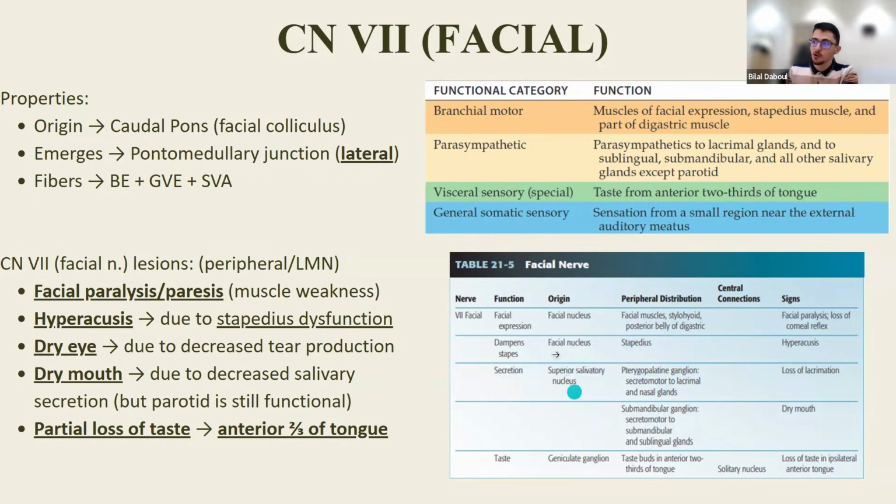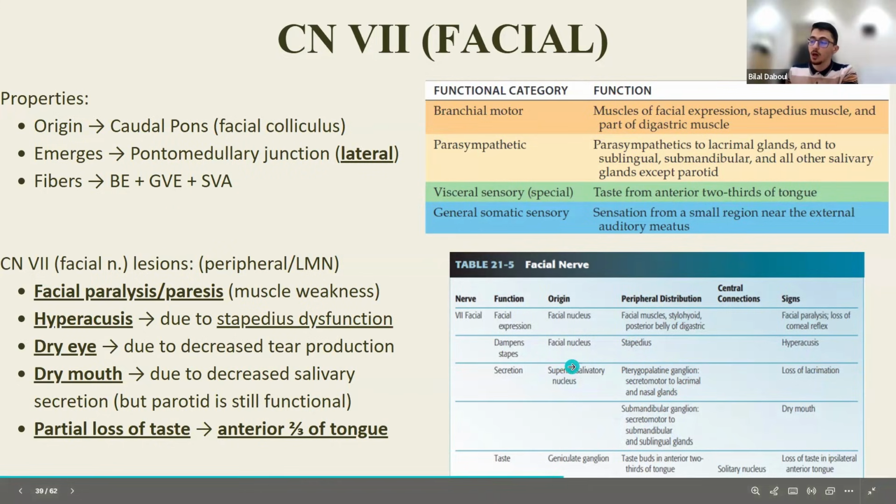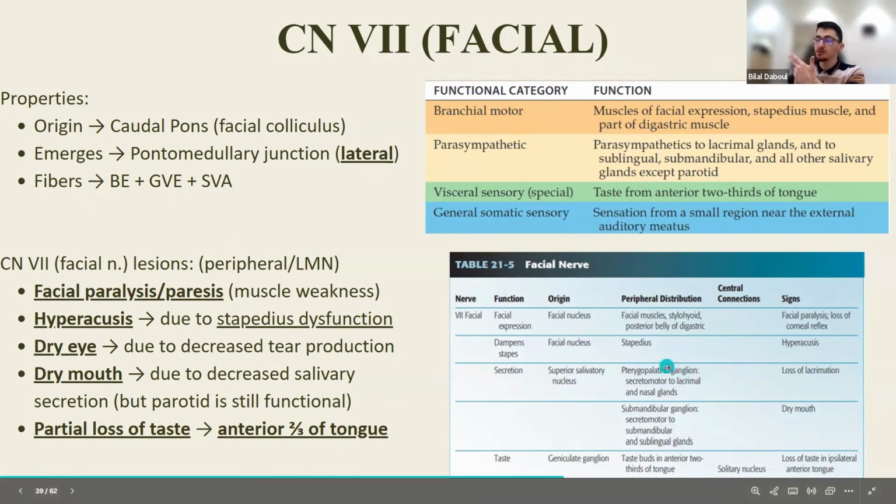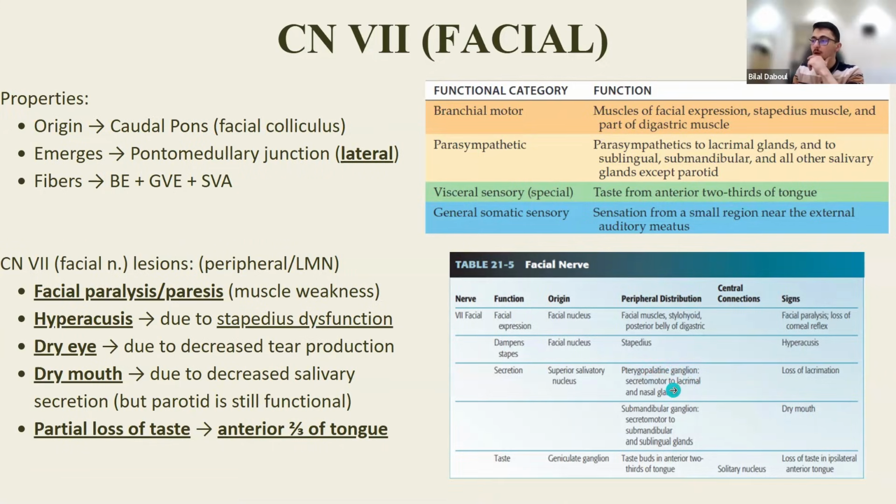Because again, the superior salivatory nucleus connects to the pterygopalatine ganglion through the facial nerve and ultimately to the lacrimal gland. However, it connects to the facial nerve and ultimately to the submandibular ganglion and then to the sublingual and submandibular glands. So we have two parasympathetic nuclei associated with the facial nerve, okay, including the two parasympathetic ganglia, the pterygopalatine ganglion and the submandibular ganglion.